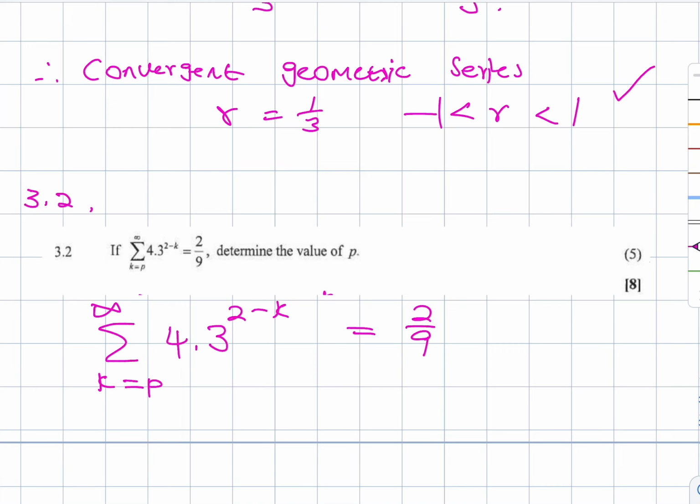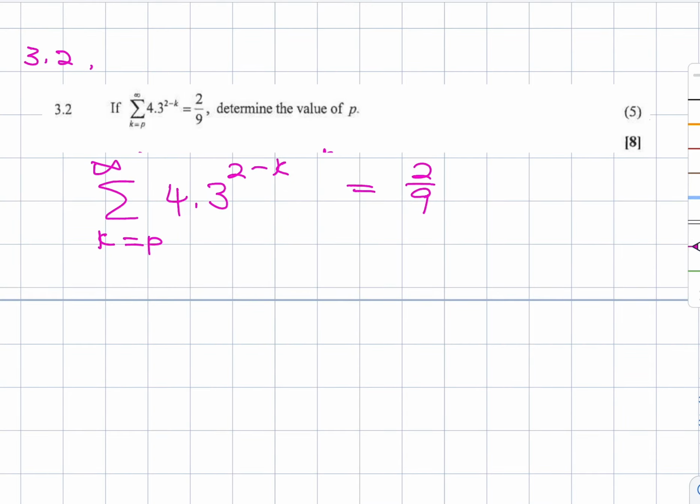So what do we do then? We work out the first three terms. So first term, you will substitute a p here, which will give us 4 times 3 to the power 2 minus p, which is just that. Then the next term, we're going to substitute the next term after p, which is p plus 1. I'm just going to do it on the side.